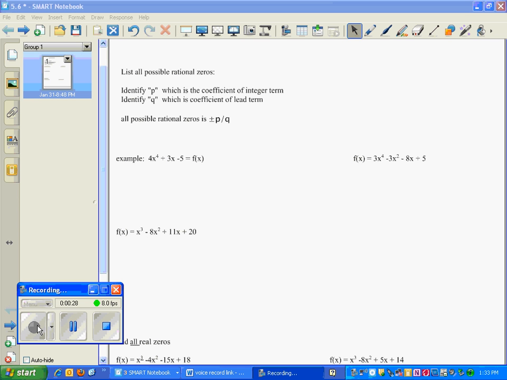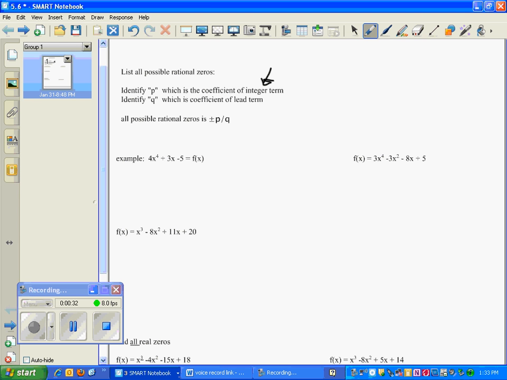P is going to be always your last term. No, the linear term has an x, so it's the integer term, the one without the x. So it's the last value without the x. And your q is the coefficient of the lead term.